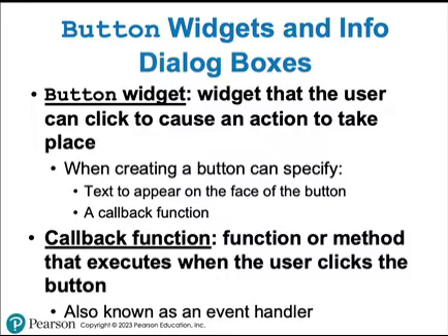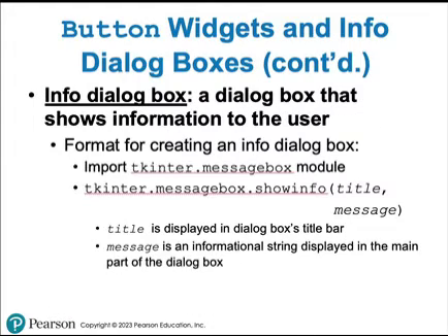And then you have something called a callback function, and the callback function is what gets called or executed when you click on that. Some programming languages call this an event handler. There was an event. That event was you clicked on a button. So the event handler is the function or method that you are going to call.